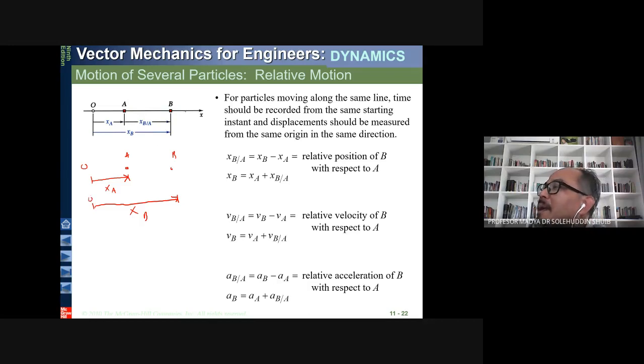Both must be measured from the same origin and the same direction.